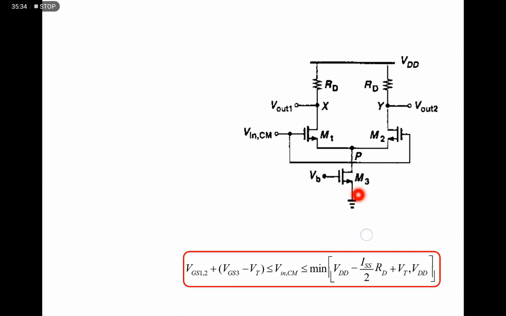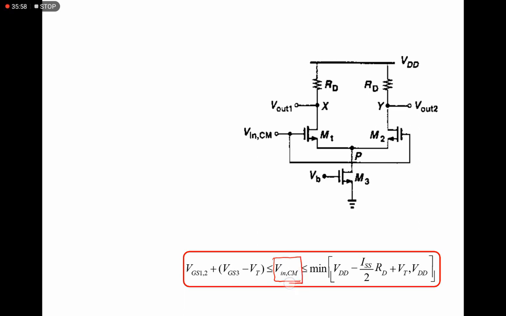So here this is a practical differential amplifier. Here the current source is replaced with the MOSFET M3, and it is biased as a current source. As per the derivation, which we will explain, we will get the value of the common mode signal.